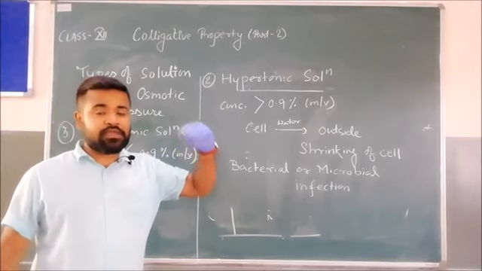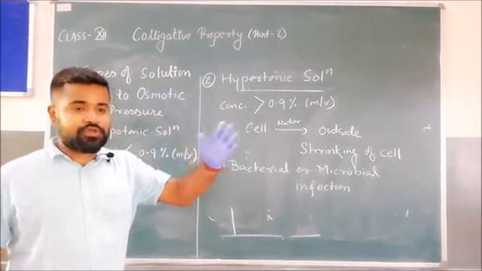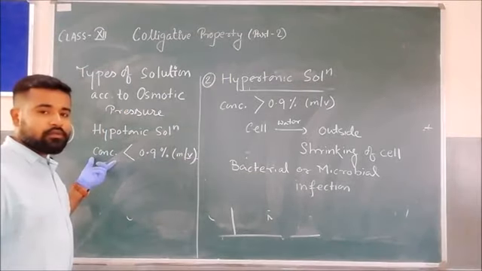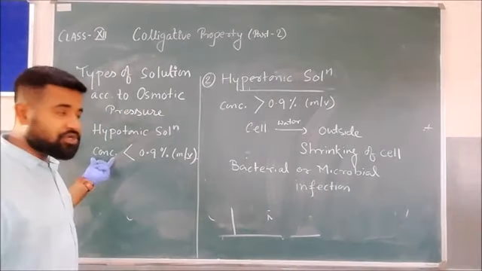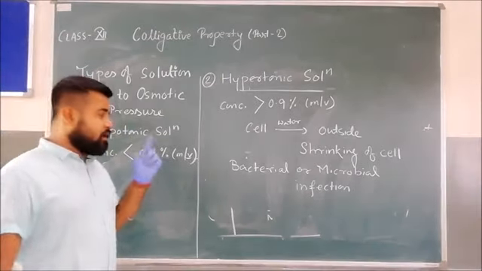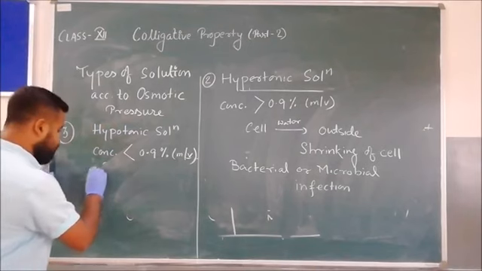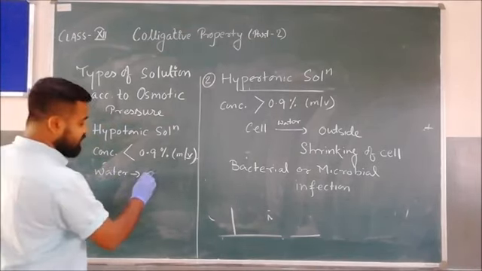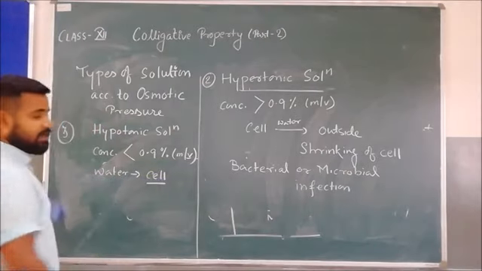The concentration of the solution present in the cell is more than the concentration of this solution. So this is in less concentration. Hypotonic means less concentration solution. So now the water moves inside the cell, towards the cell.